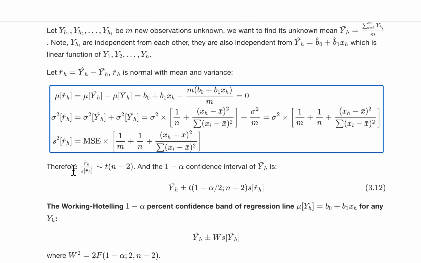It can be proved that it's equal to the sum of the fitted value minus the mean of Y squared, plus the SSE term. I won't go into the details, but the intermediate term is actually 0. So this is a decomposition.